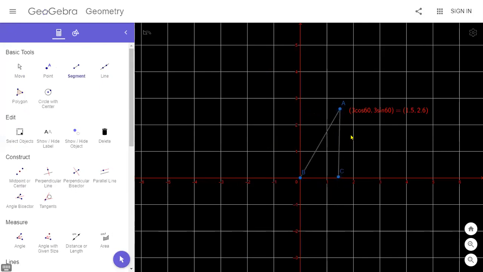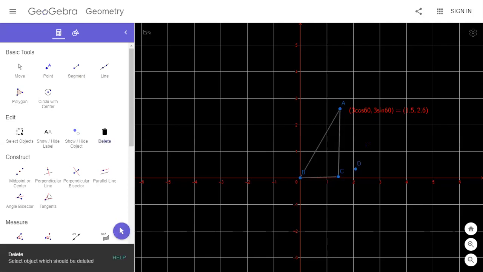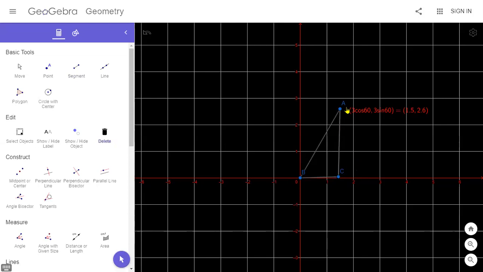Triangle ABC is formed here. The point A is located at 1.5 unit right of the origin and 2.6 unit up from the origin. This is the Cartesian coordinate of this point A. Here we have just changed the polar coordinate into the Cartesian coordinate.